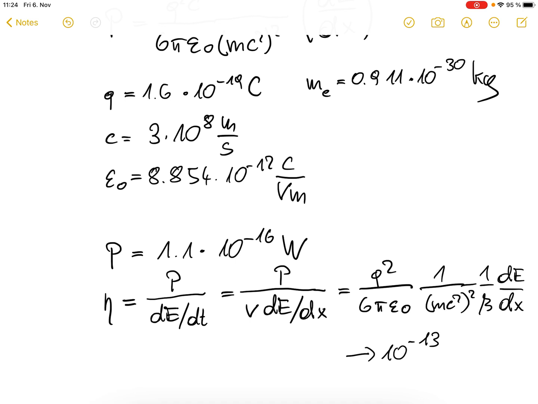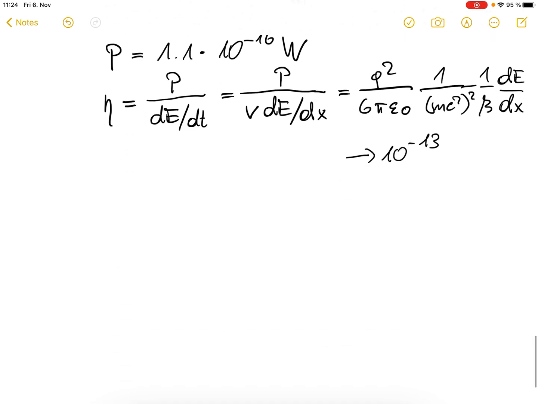Now let's do a completely different example. It's a bit simpler in terms of mathematics, but physics is completely different. Circular motion. Circular motion of a relativistic particle.